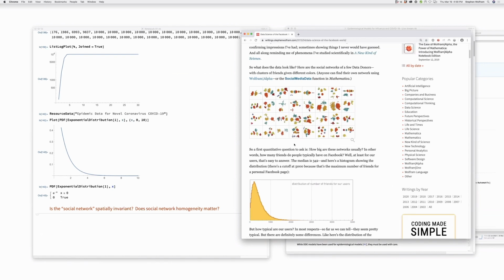The final problem is that a lot of these social networks are really big, which at some level is realistic, but not super useful for modeling. Because if I give you the social network of all of Facebook or some giant email network with millions of nodes, it's kind of hard to run a model on that. But in some sense, that aspect is kind of realistic. So it's kind of difficult.